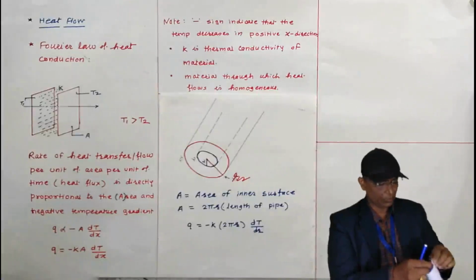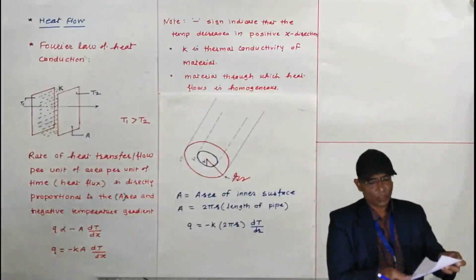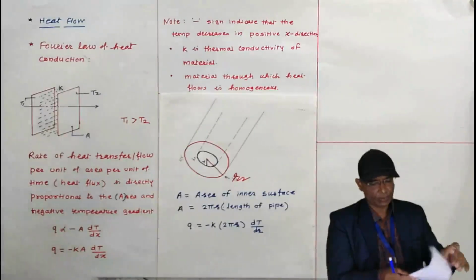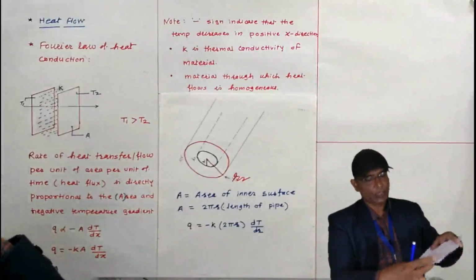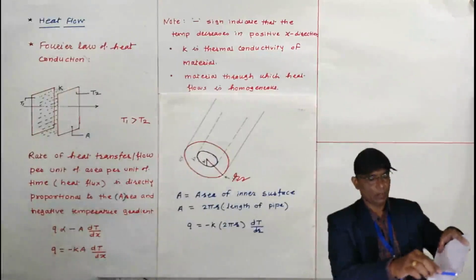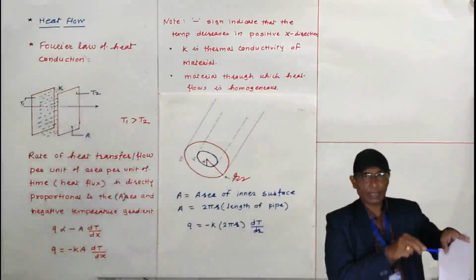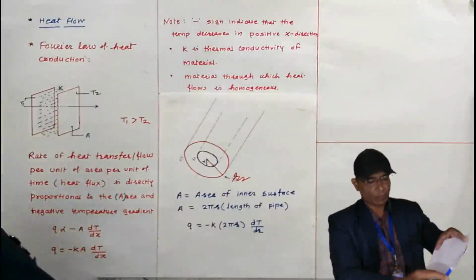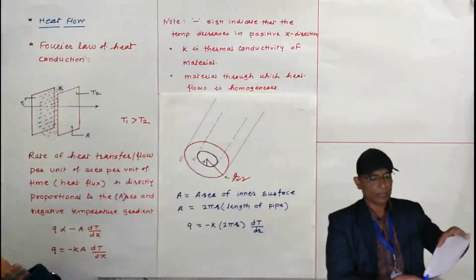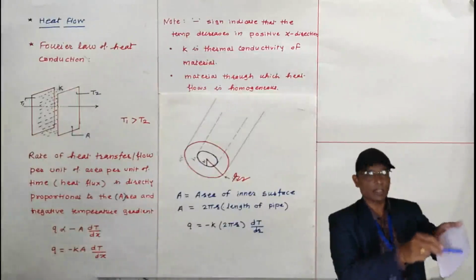If I open it, this was the perimeter of this circle. So this much part is 2 pi R, multiplied by the length of the pipe. The length of the pipe was L, and this perimeter is 2 pi R. Therefore, this much area is the inner surface.